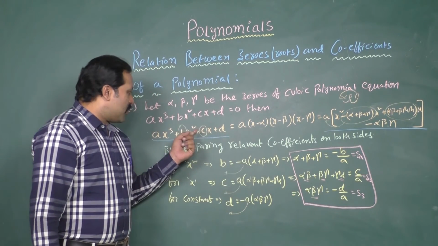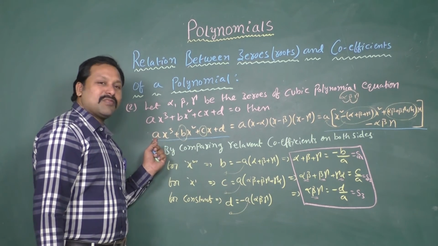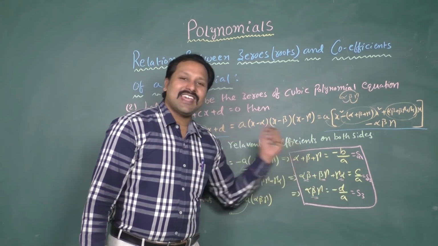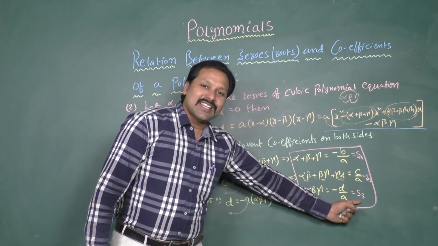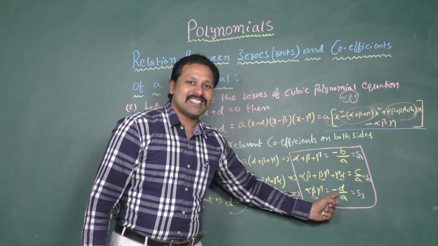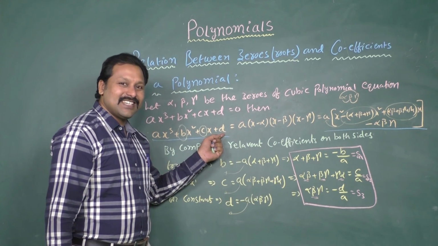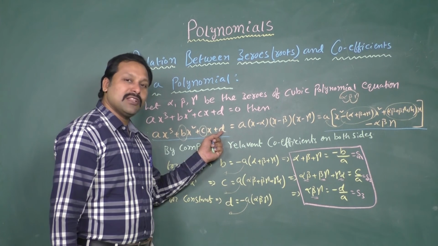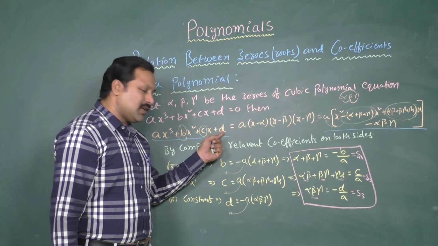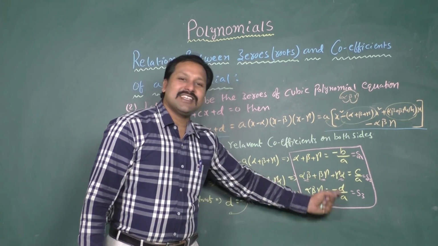Then third term coefficient is c by first term coefficient, c by a. Now coming to S3, 3 is odd, that's why keep minus. So fourth term is d, fourth term coefficient is nothing but x power 0. So d by first term coefficient, minus d by a.